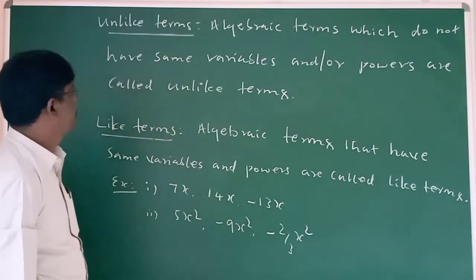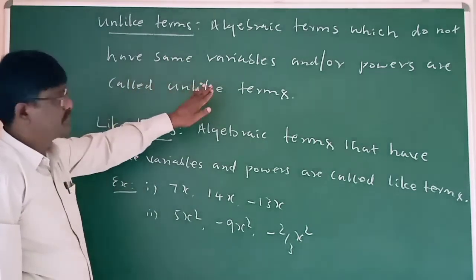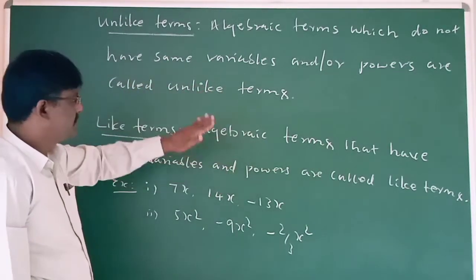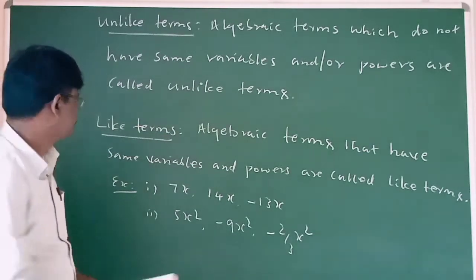Hence, algebraic terms which do not have the same variables and powers. What is that? For example, now.